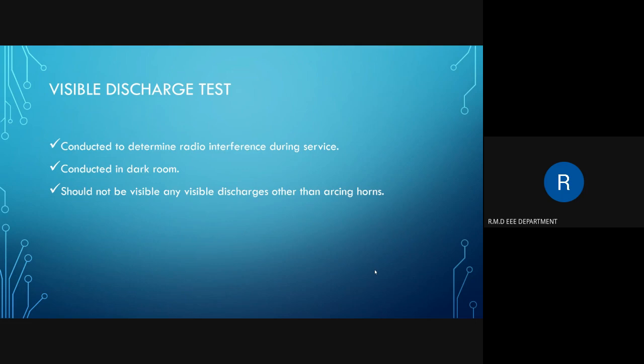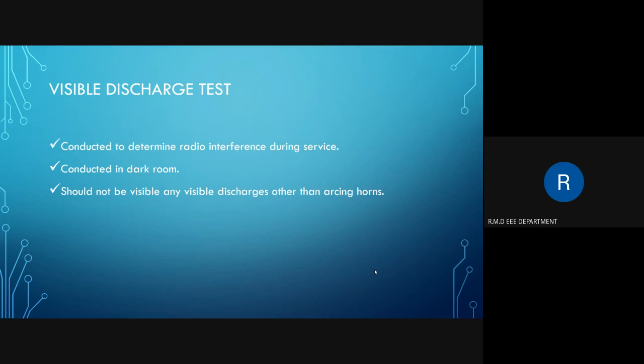In the impulse voltage test, we have different types: the full wave withstand test, then the chopped wet withstand and switching surge test. In this test, the applied voltage is the impulse voltage. Under the full wave withstand test, a standard impulse voltage of 1/50 microseconds wave is applied for both positive and negative polarities.